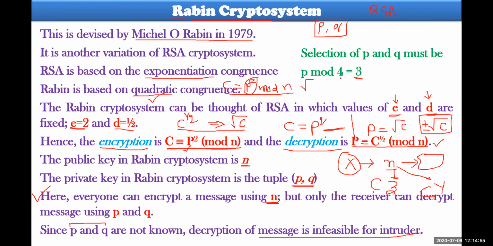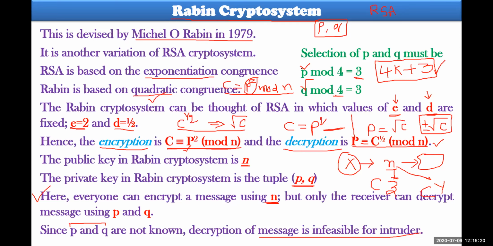So you must select it in such a form. Likewise, Q modulus 4 must be 3. That is, the 4K plus 3 form. In this particular form, you have to make your selection. If you do not understand this equation, what does it mean?